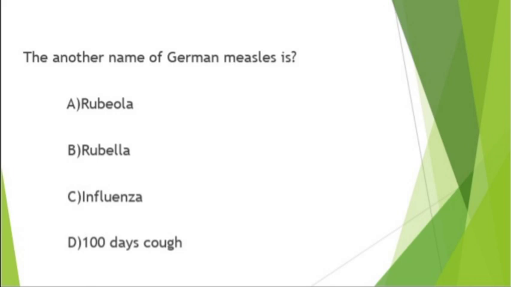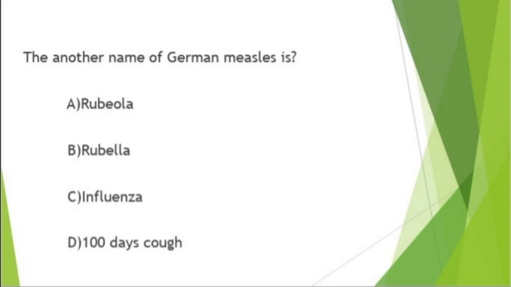The another name of German measles is option A, rubeola. Option B, rubella. Option C, influenza. Option D, 100 days cough. German measles is otherwise known as rubella. Option B, rubella.